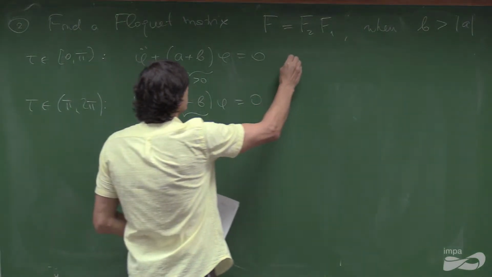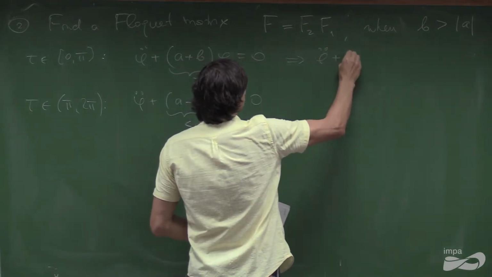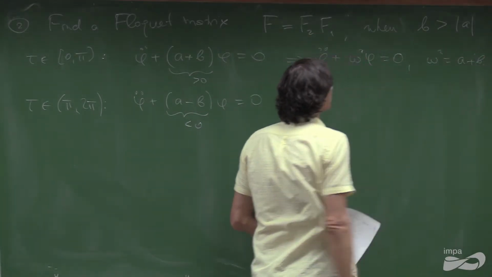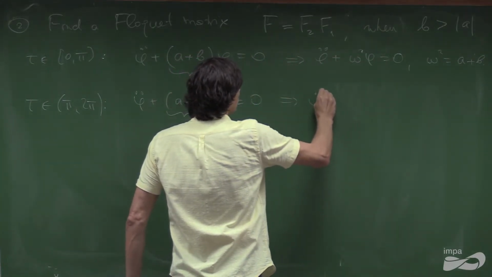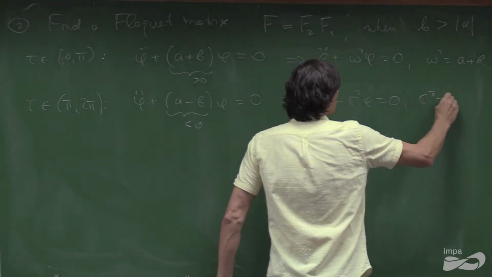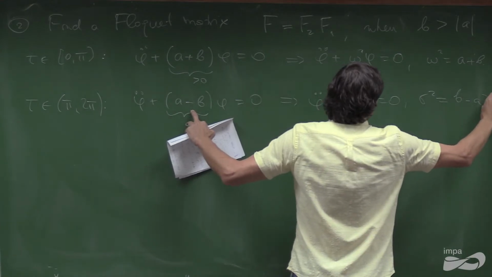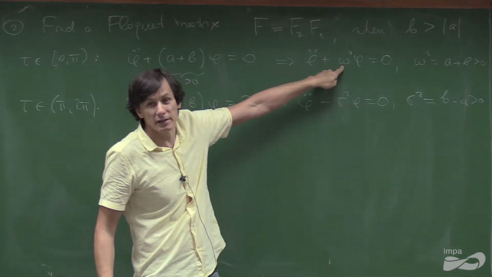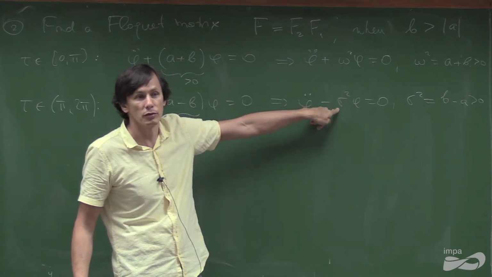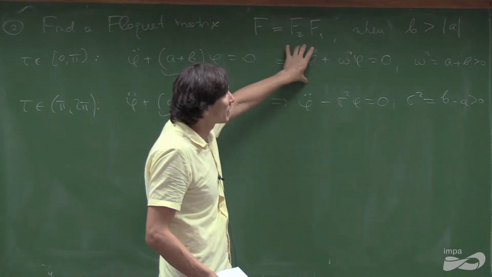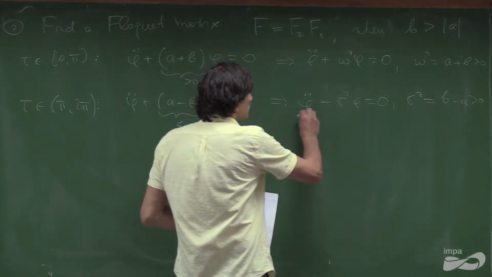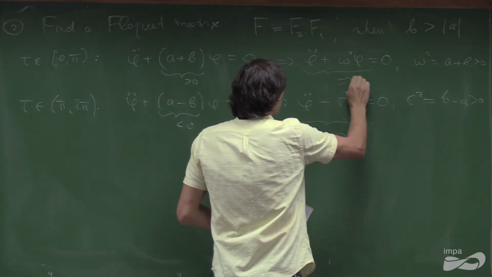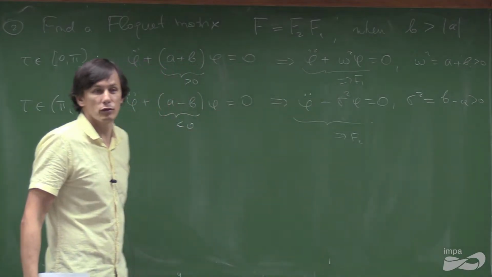So you can write this as phi double dot plus omega squared phi equals 0, where omega squared is A plus B. And this gives you phi double dot minus sigma squared phi, where sigma squared is B minus A. So instead of two equations that you solve as cosine and sine, the second you solve as a sum of exponents. So this is the difference. It gives you the same matrix F1, but a different matrix F2. The matrix F2 has exponents, and F1 has sines and cosines.